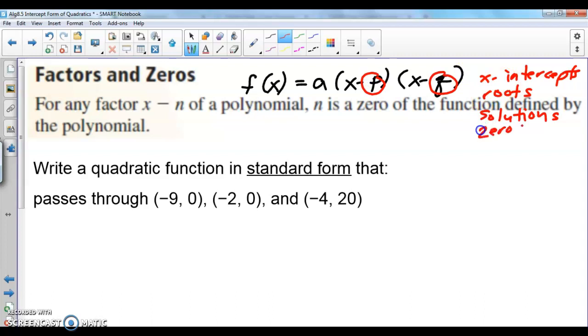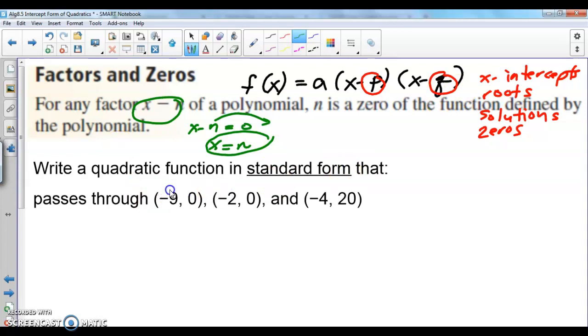It's also called a zero of the function because when you copy the factor and make it equal to 0, right? If you copy that, x minus n is equal to 0, and then you move the n to the other side, then you will get x is equal to n. So this is actually a solution, a zero, a root, or an x-intercept. So knowing that is very important in writing a quadratic function.